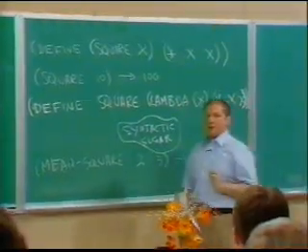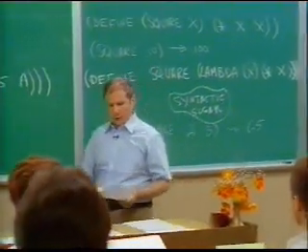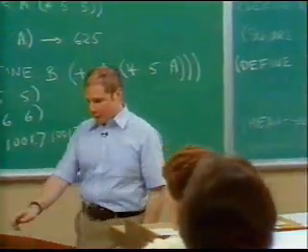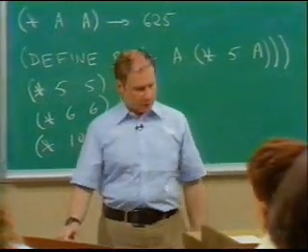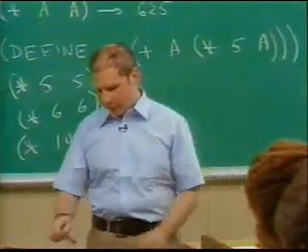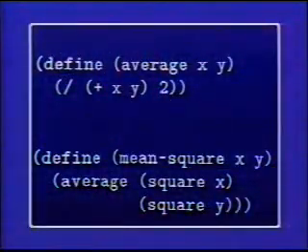The key thing here is that having defined square, I can use it as if it were primitive. Right? So if we look here on the slide, if I look at mean square, the person defining mean square doesn't have to know at this point whether square was something built into the language or whether it was a procedure that was defined.